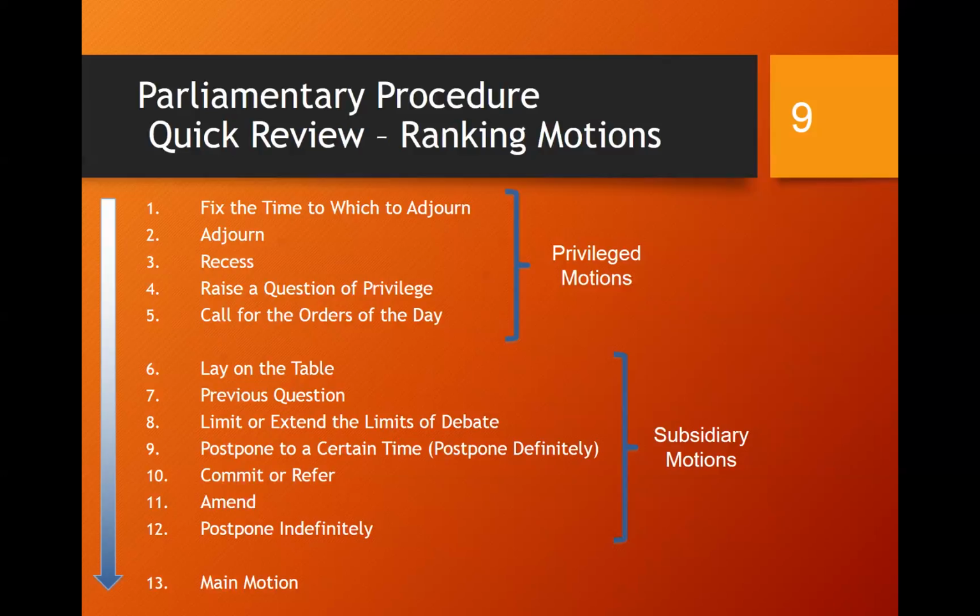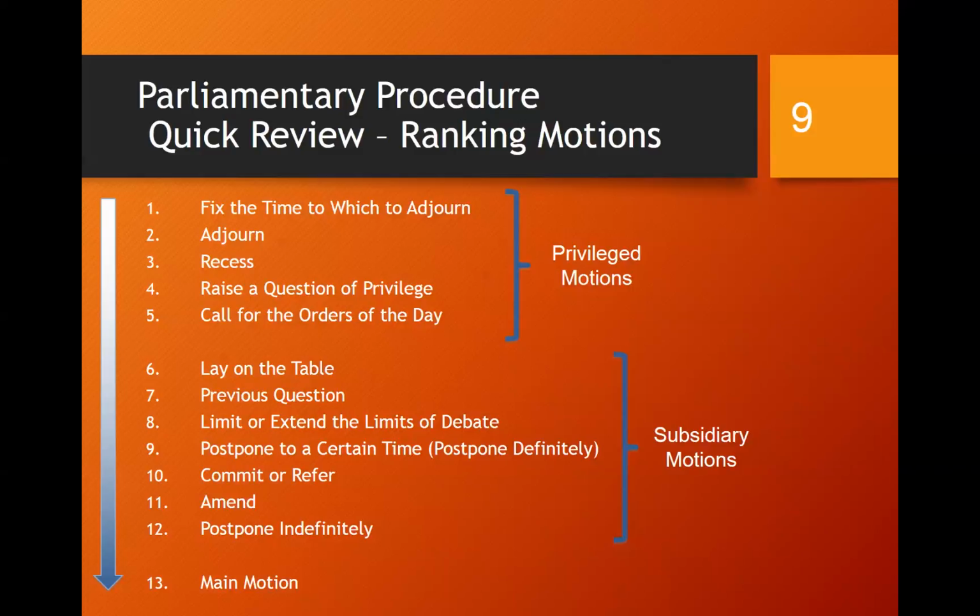That could be doing things to the motion, like amending it, referring it, tabling it, or calling the question, which would stop debate and bring the vote about. There are even motions for taking a recess, and then adjourning. Those are even higher motions than the main motion.